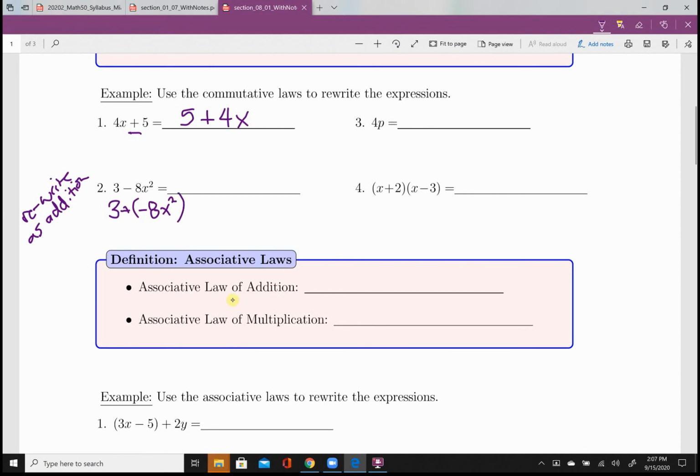Let me write that plus sign a little bit more clearly. Better. Okay, so once the subtraction is rewritten as addition, I can switch the position of the two items, and then that'll give me negative 8x squared plus 3. And yeah, then that'll be what I put in here.